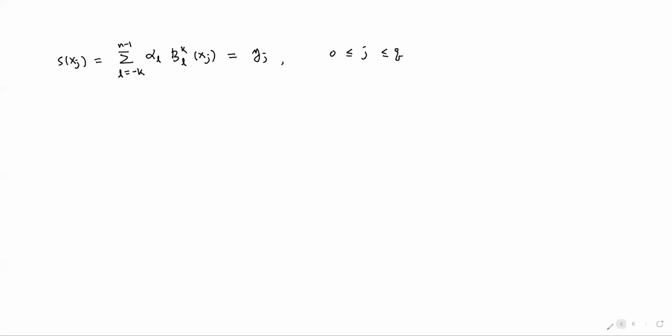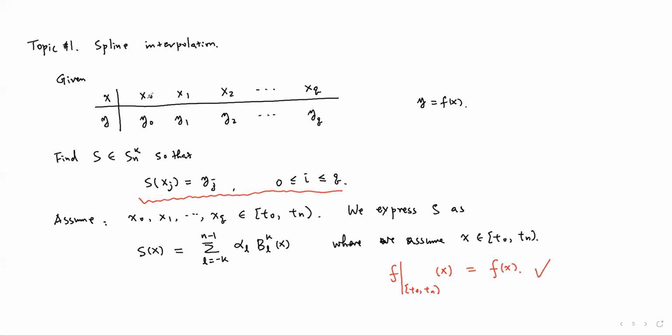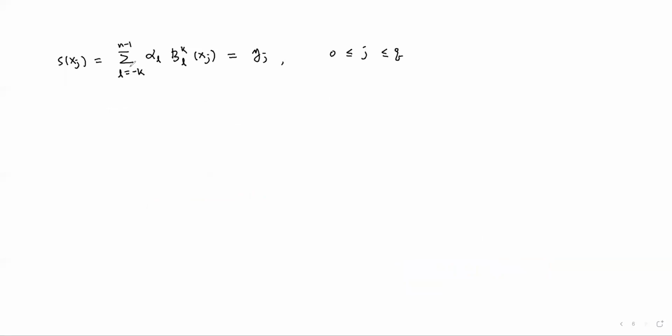Plugging in x_j for x here, we have q plus 1 equations, from 0 to q. So we have a linear system.